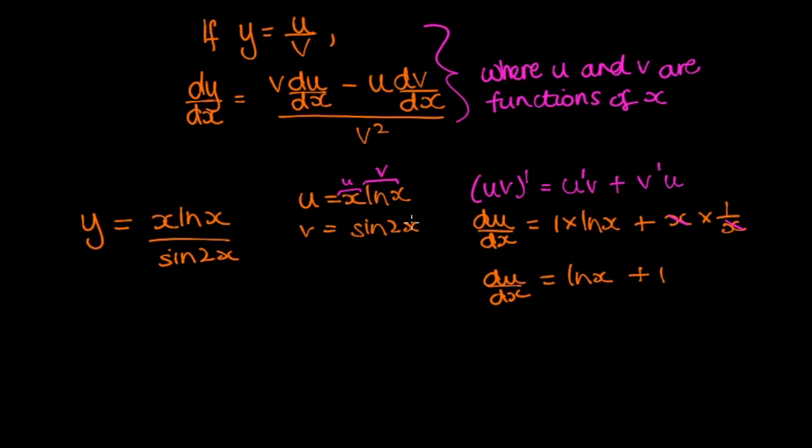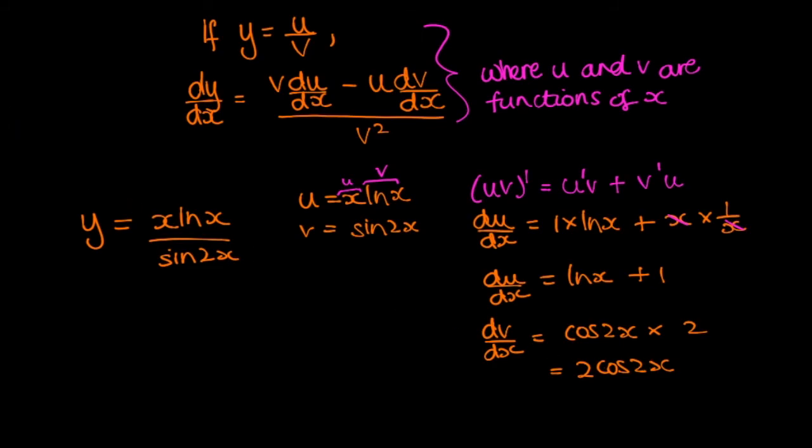And then for dv by dx, we're going to need to use the chain rule. So the inner function is 2x, the outer function is sine. So we're going to be left with cosine 2x multiplied by the inner derivative, which is 2. So dv by dx is 2 cosine 2x.